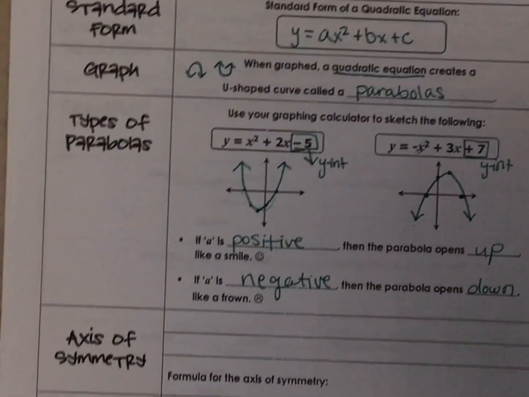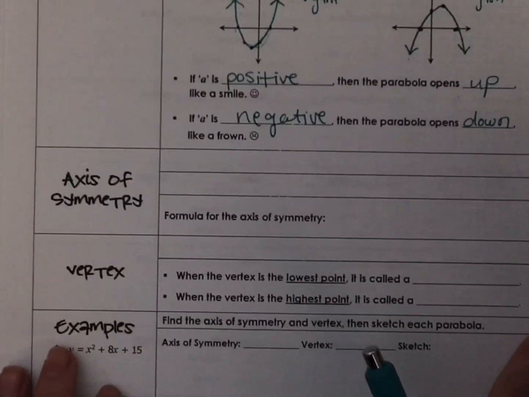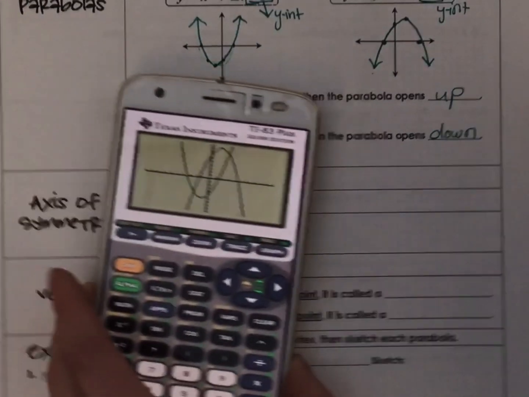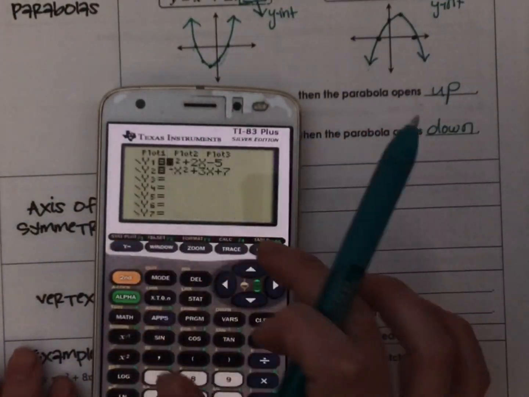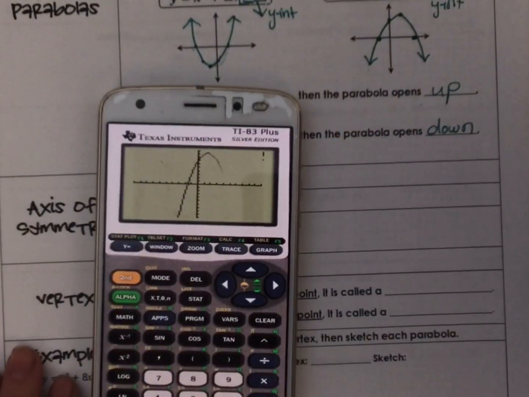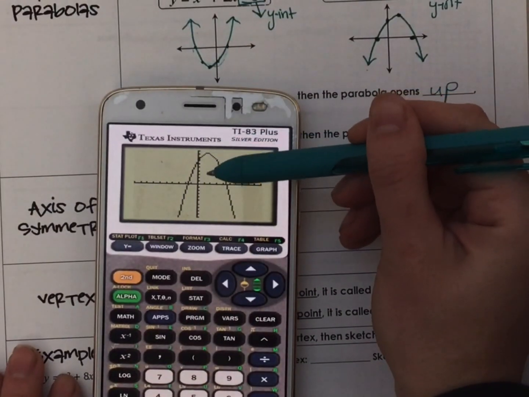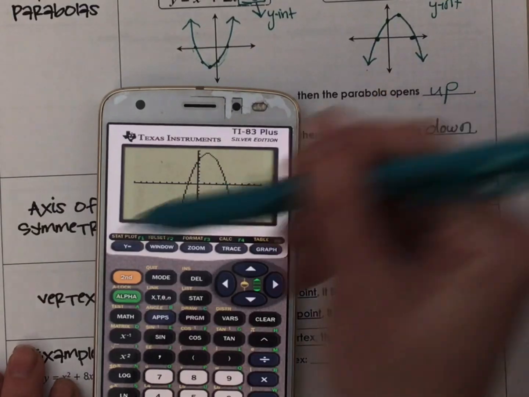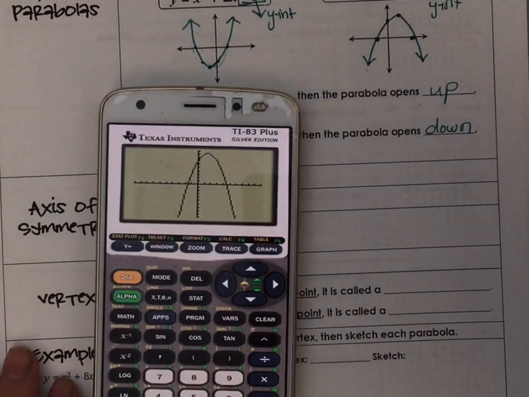So a couple of other things that we want to take a look at for these graphs. There's this thing called the axis of symmetry, and this is going to be something that you don't necessarily see on the graph, but we know is there. The axis of symmetry is an imaginary line that creates our parabola into two equal sides. So notice here on our phone calculator, if I were to just get rid of one of these, there's almost an exact middle line here that comes through and creates two equal pieces of this parabola.